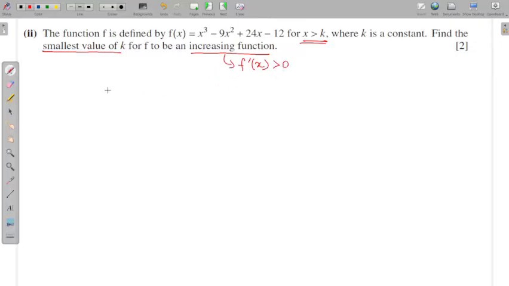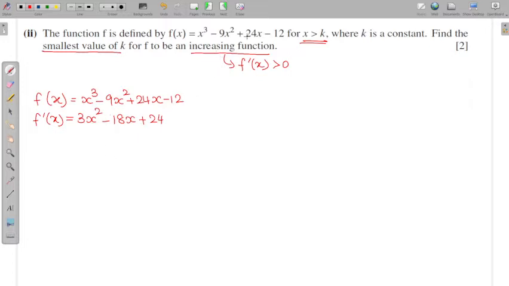So now let's find the derivative of this. We have f of x equals x cube minus 9x square plus 24x minus 12. So f prime x will be 3x square minus 18x plus 24.